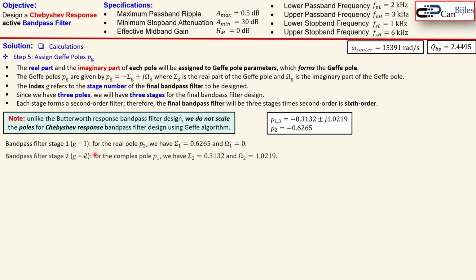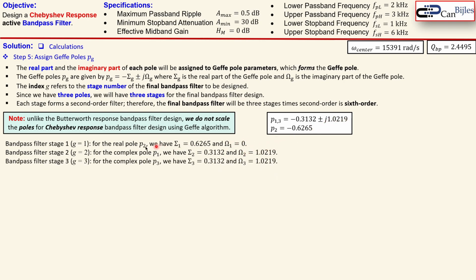Now for stage 2, we look at P1, and we assign the capital letter sigma 2 as the positive part of the real value of this pole, and omega 2 will be the imaginary part. In a similar form for stage 3, those are exactly the same. So P1 and P3 are the complex conjugate pole pair, and we have the real pole P2.